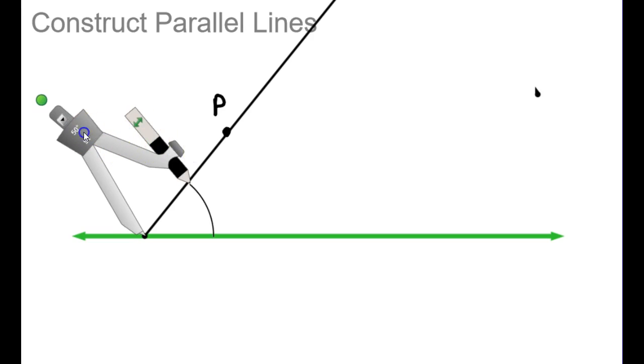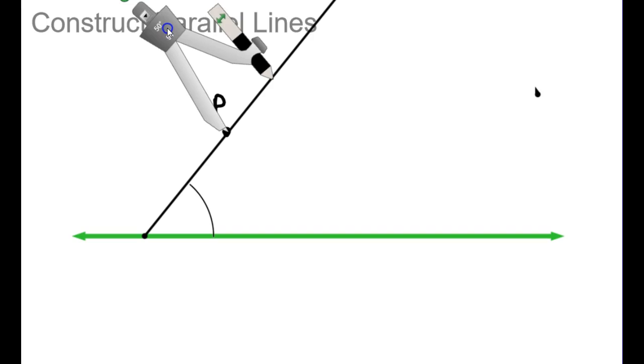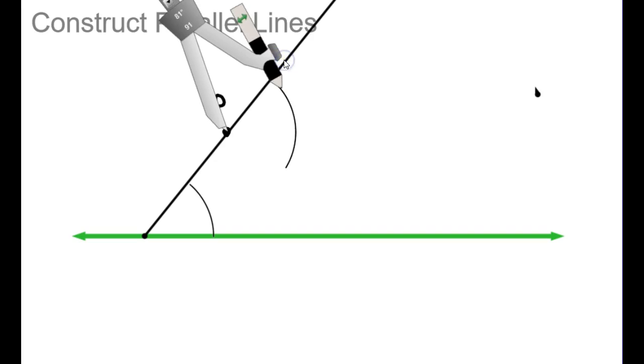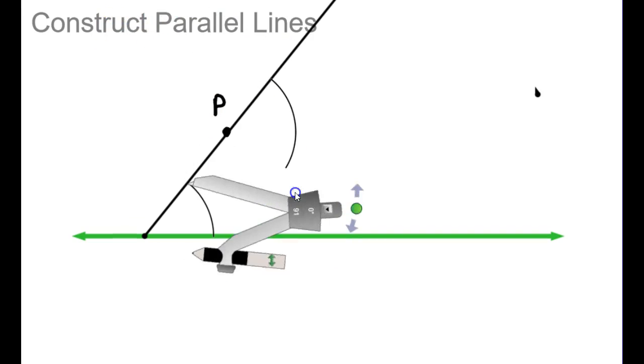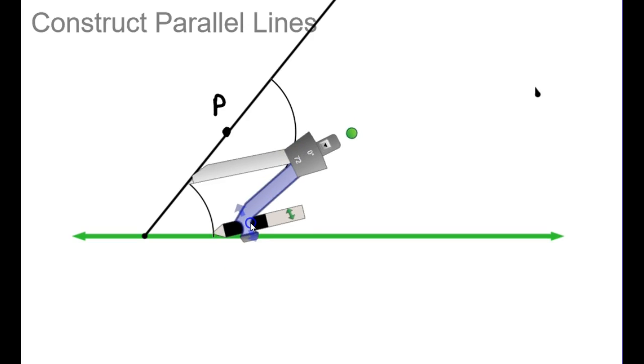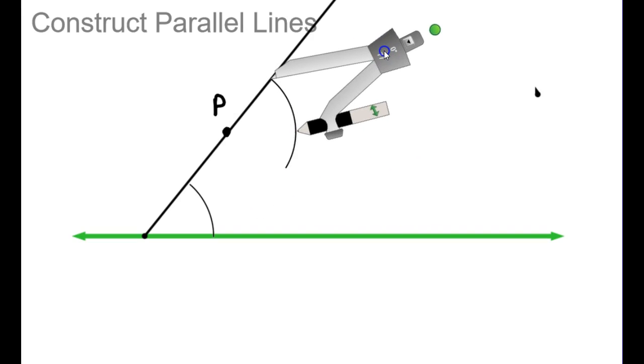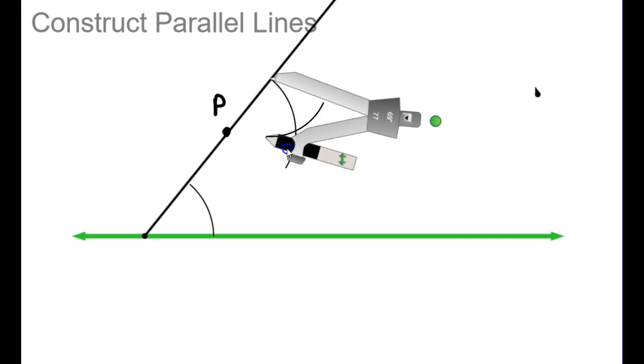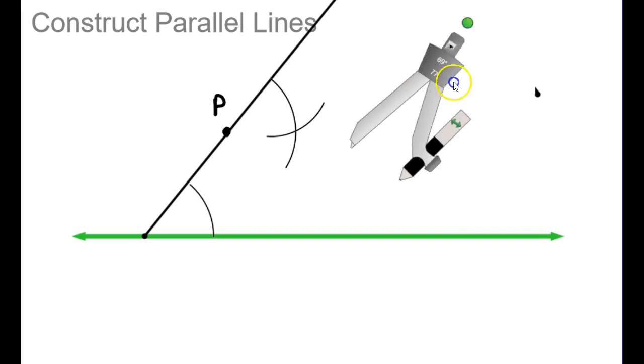Using that same radius, I'm going to move and construct an arc that goes through point P. Now I'm going to move my compass back down to this intersection point, rotate my compass around, and measure the distance from this point of intersection and this point of intersection. Using that same distance, move the compass over to our point of intersection up here and construct an arc going through the other arc.